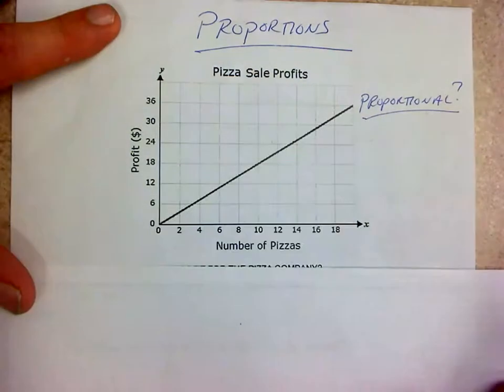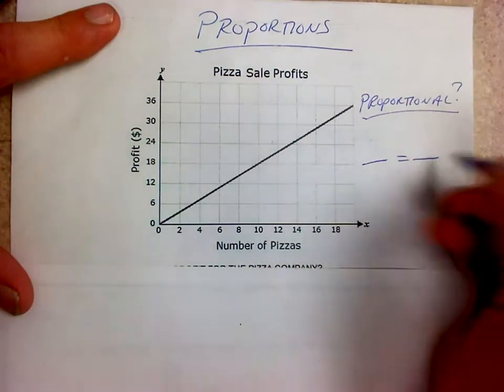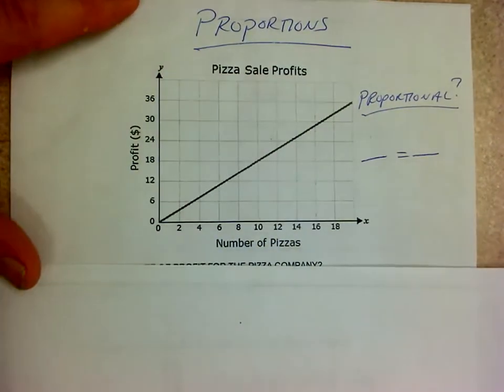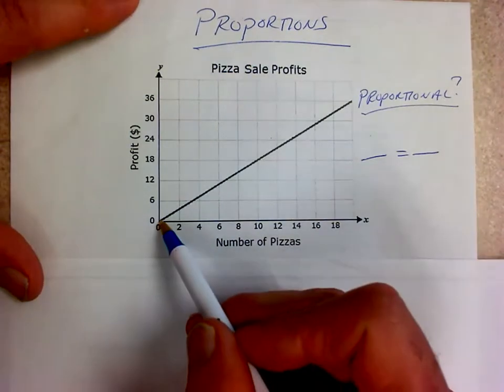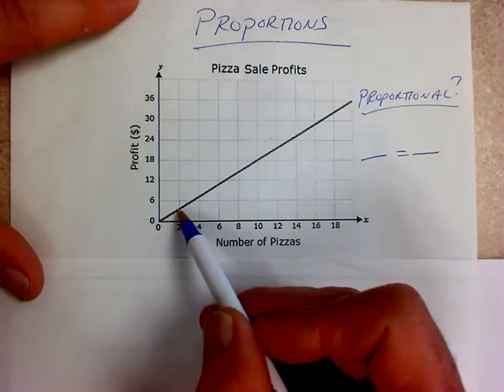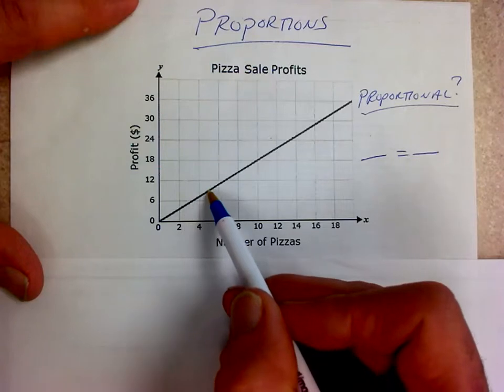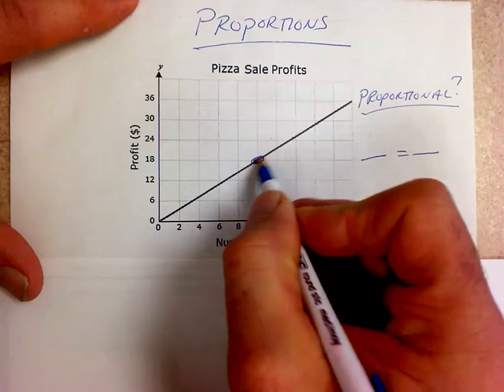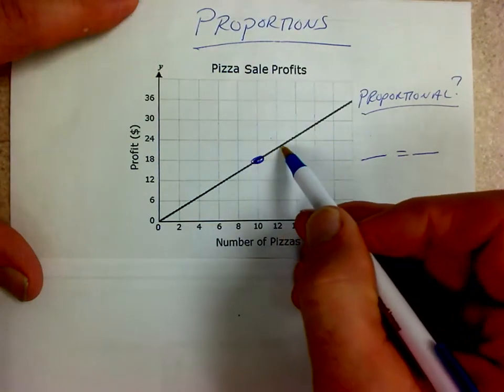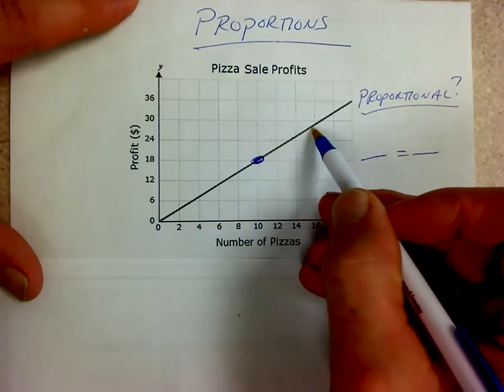Okay, so this graph, we're looking at it. If it is proportional, we should be able to build a proportion. And as we go along, we're going to need some numbers. If we look, a lot of these points aren't working out too good. We'd have to estimate. A lot of these points are all approximations.